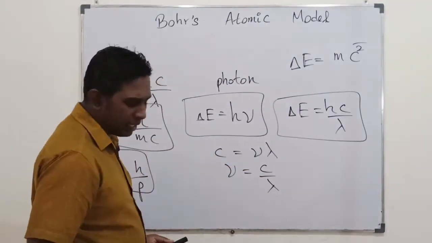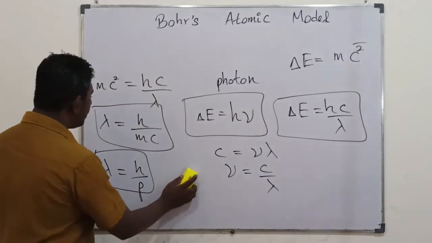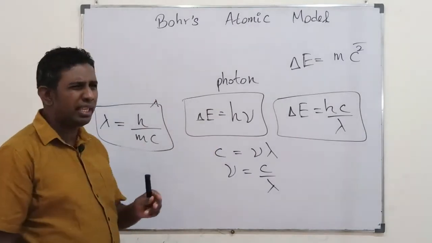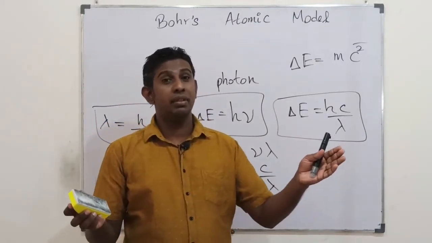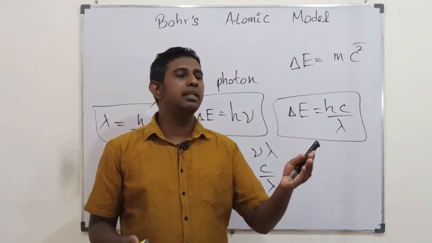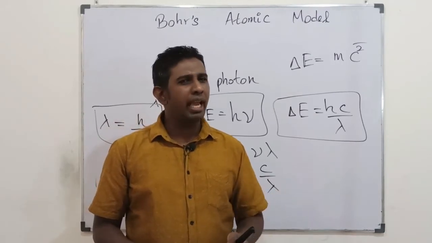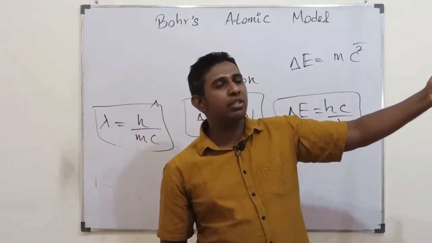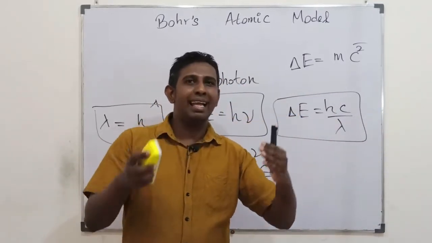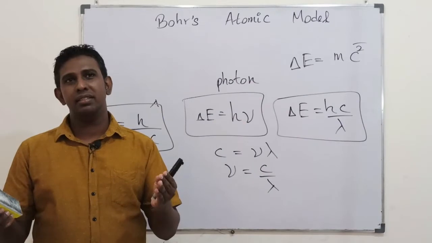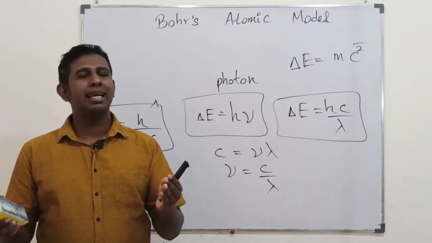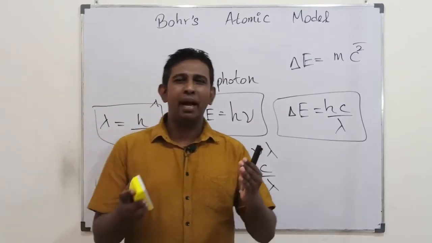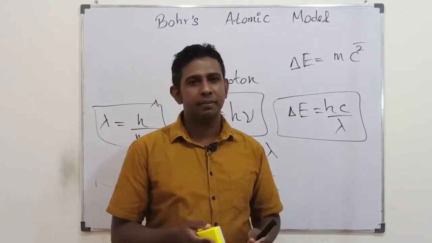Students, we are now going to check whether this fact is true. When all particles are moving with certain velocities, do they have wave properties? Are they moving as waves? On the other hand, when you have electromagnetic radiations, do they have particle character, particle properties?